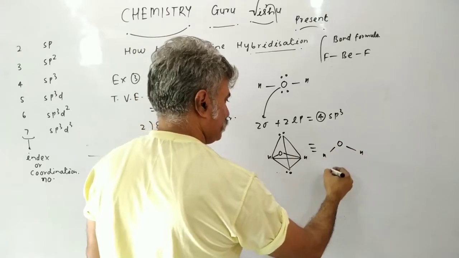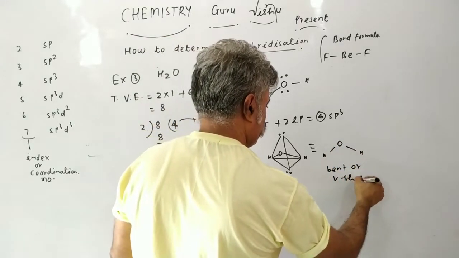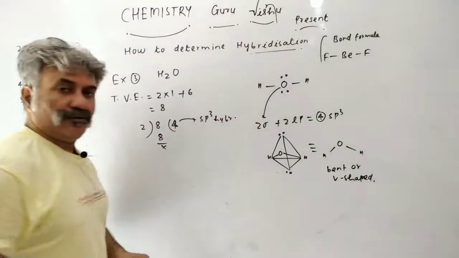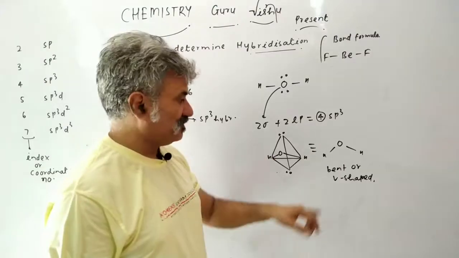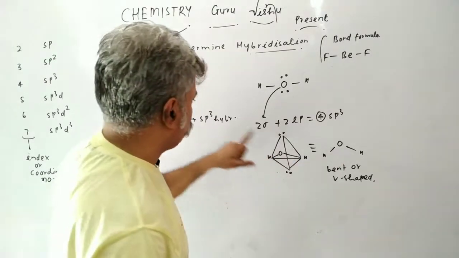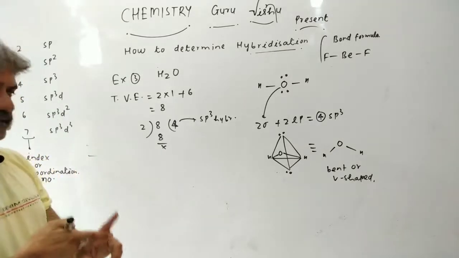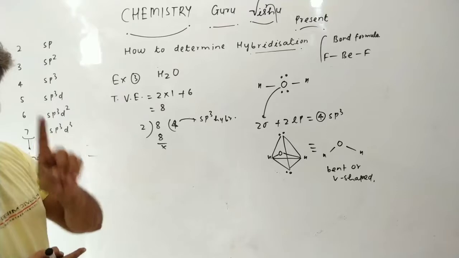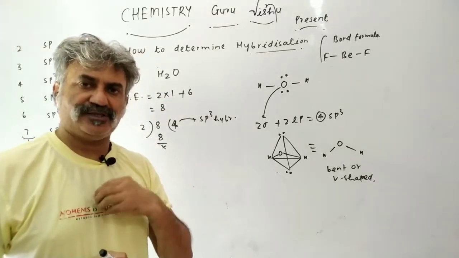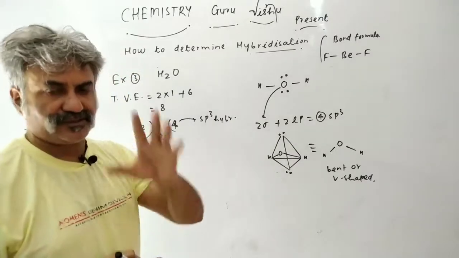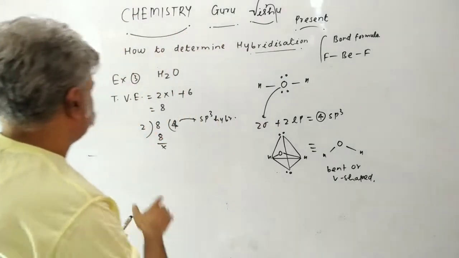So it is bent or V-shaped. So if there is any question related to the water molecule, then the final answer will be bent or V-shaped, which cannot be predicted by method number 1, method number 2 and method number 3 in this video. But it can be predicted only by method number 4. This is why I always prefer to use method number 4. This is the best method and you can easily check it.